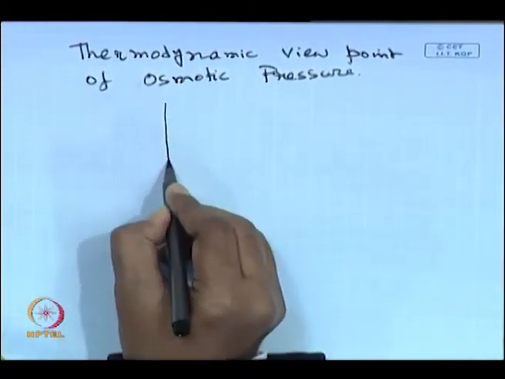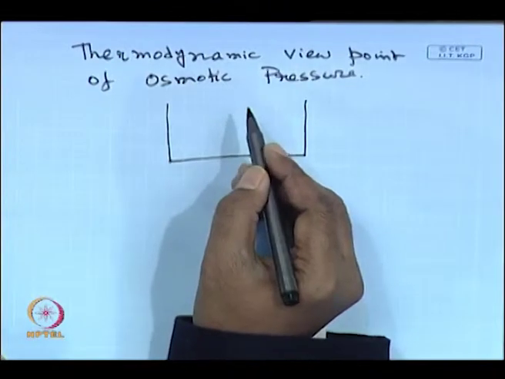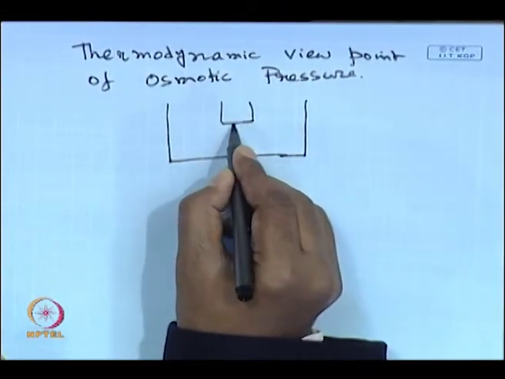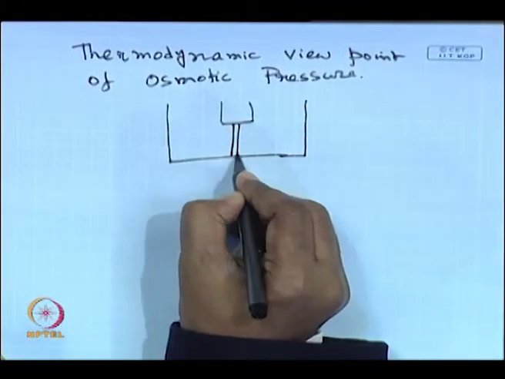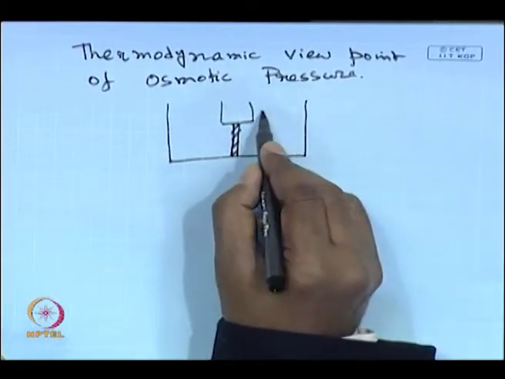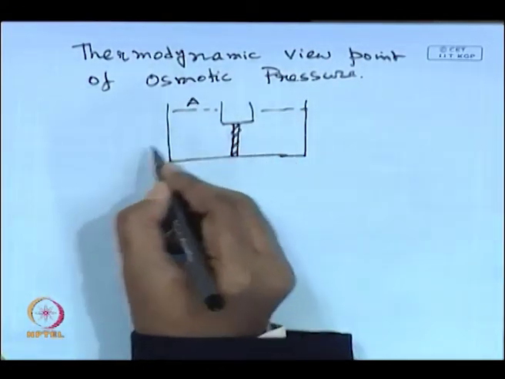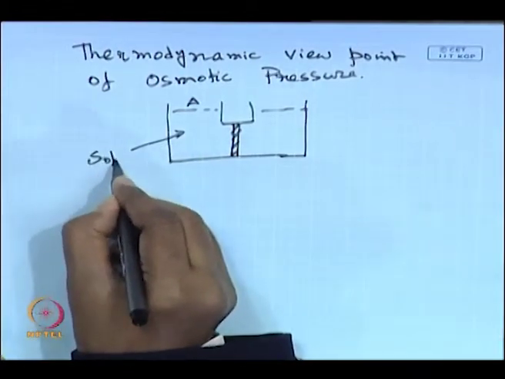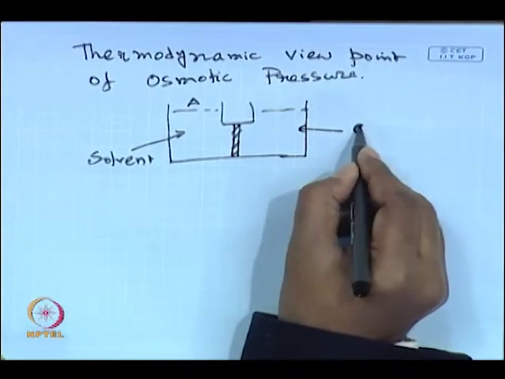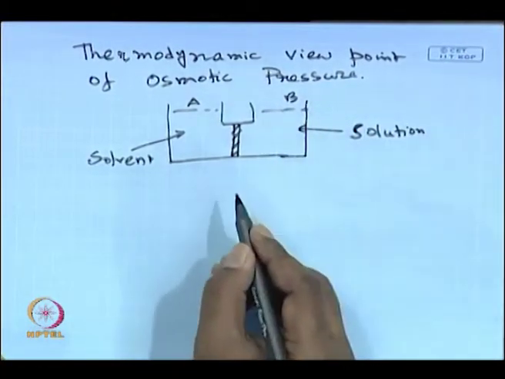Okay. We will take the same example that we have taken in the last few classes, that we will be having two chambers separated by a semi permeable barrier or a semi permeable membrane. Side A is pure solvent and chamber B will be having a solution. Okay.